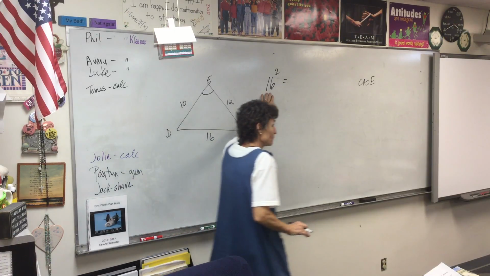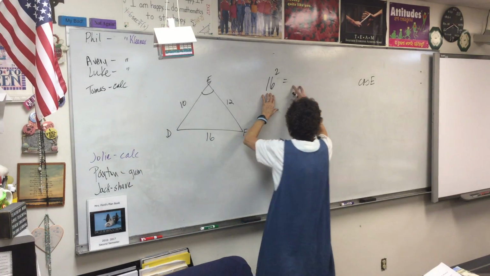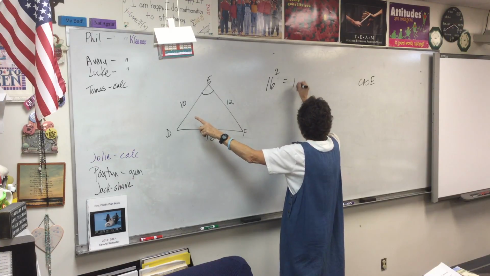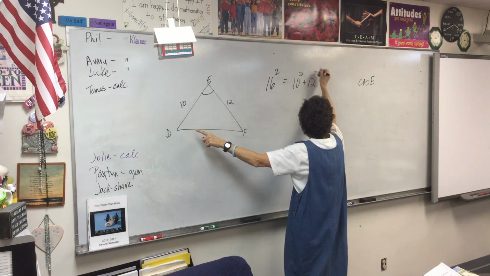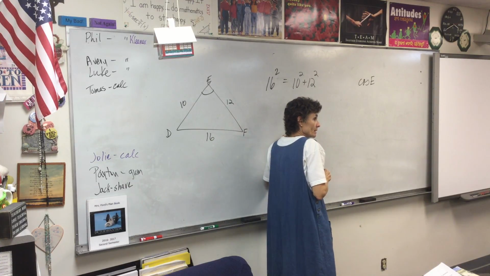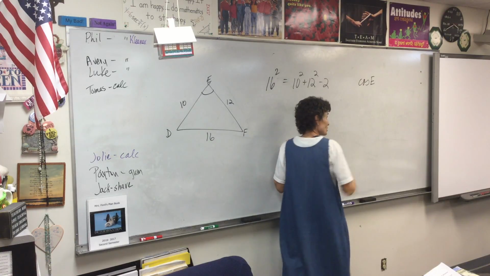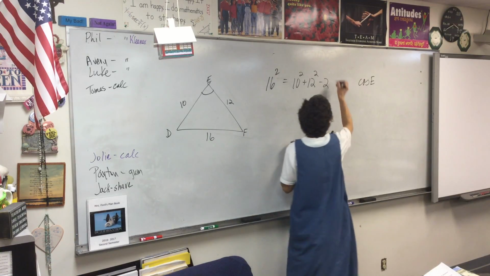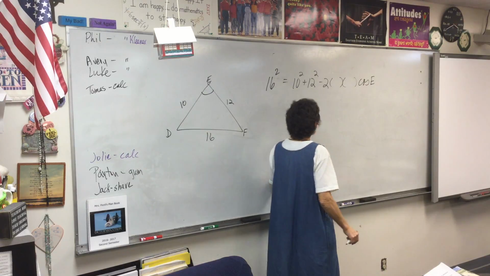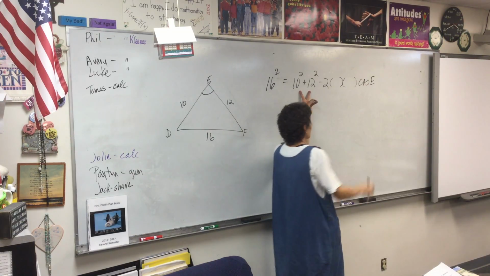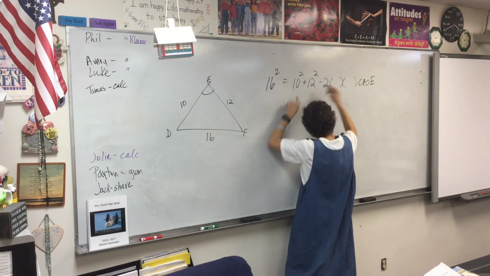Now, as soon as I put 16 here, then I know what are these? 10 squared and 12 squared. And then the formula has a minus 2 always, and then times these two things, which are 10 and 12.